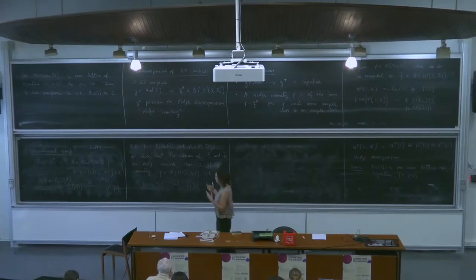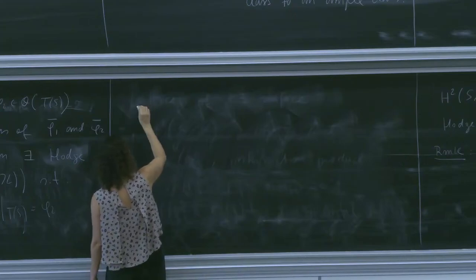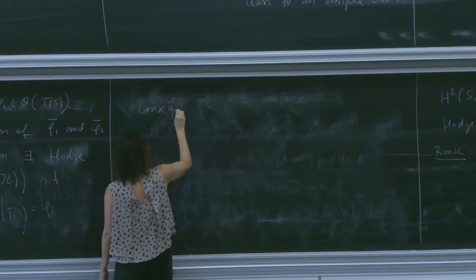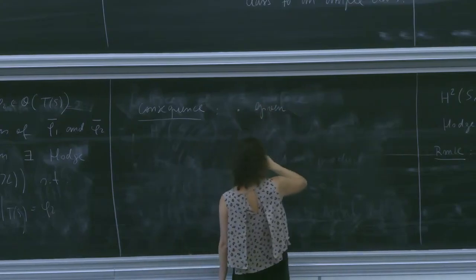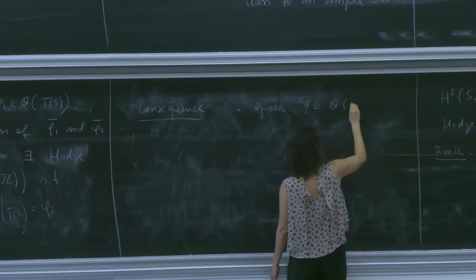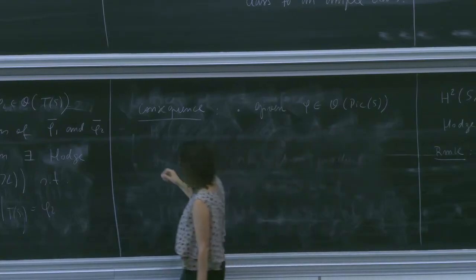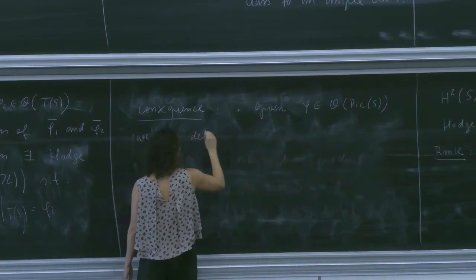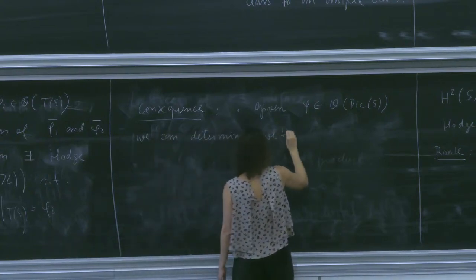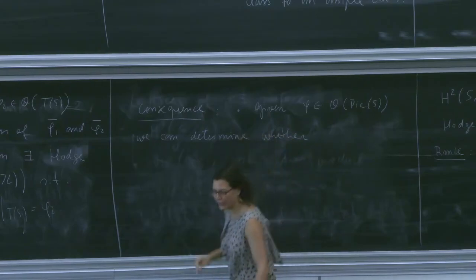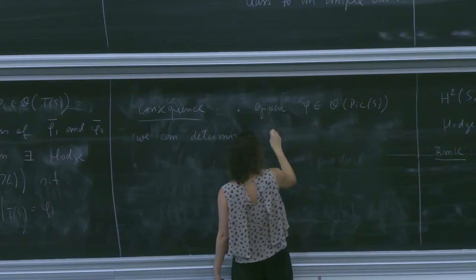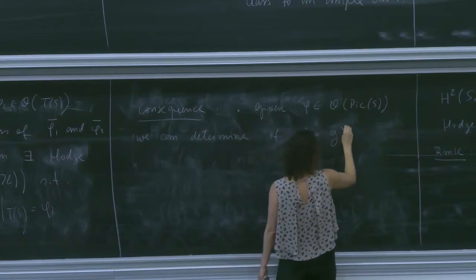In principle, given an isometry of the Picard lattice, we can check if it can extend, if it comes from an automorphism of S. So as a consequence of all this Torelli theory, given an isometry of the Picard lattice, we can determine when it is induced by an automorphism.